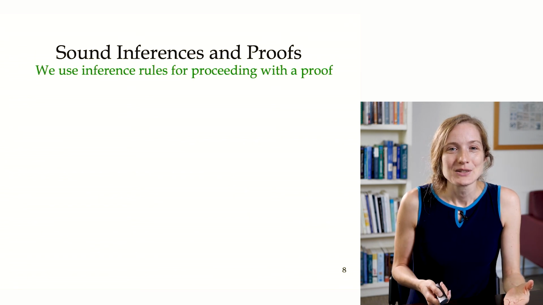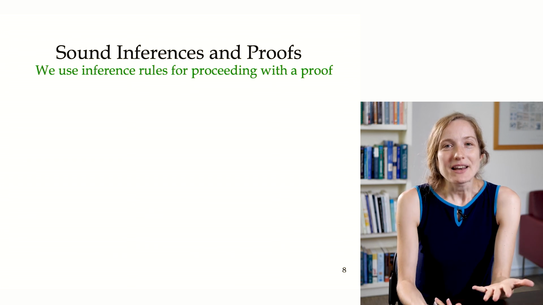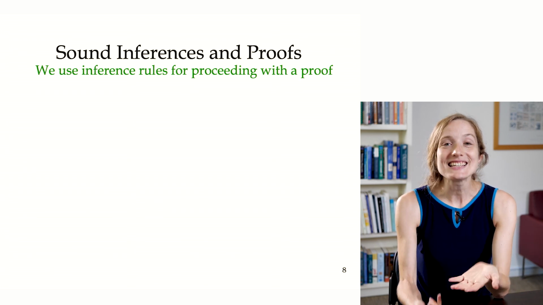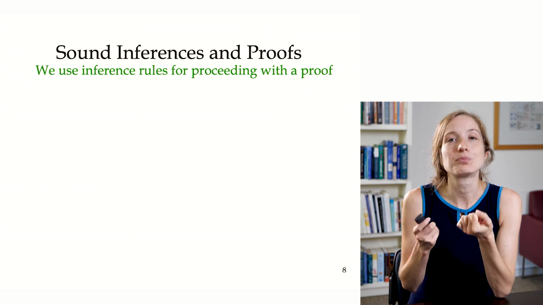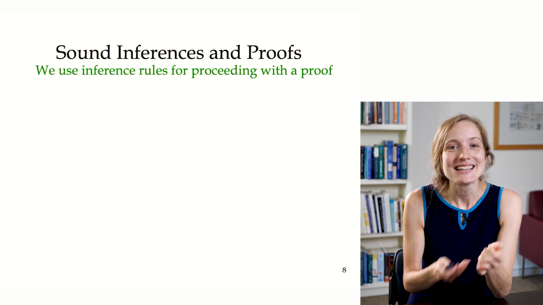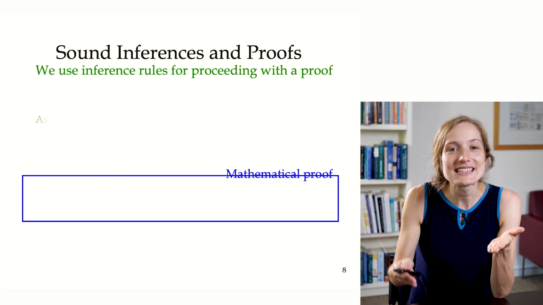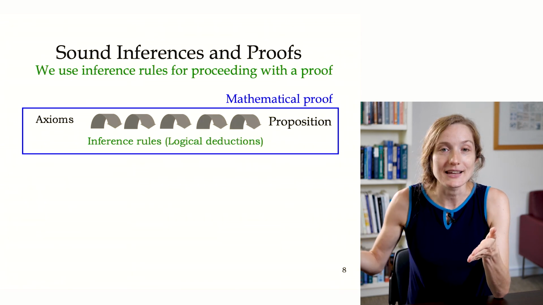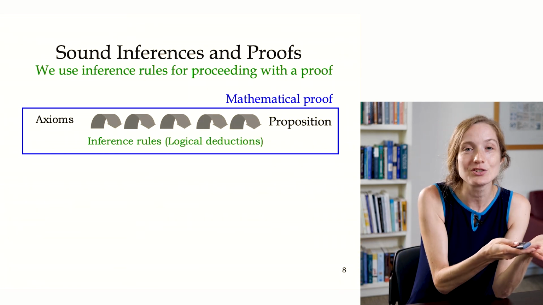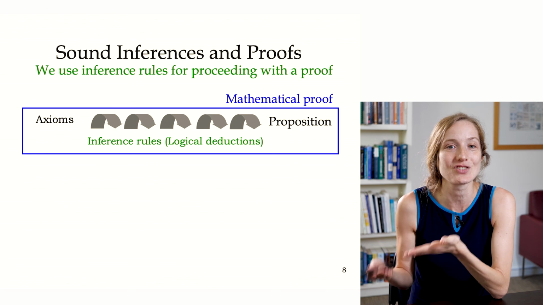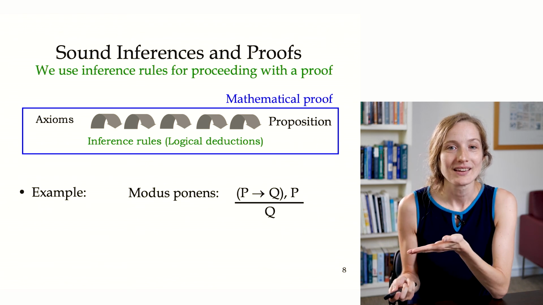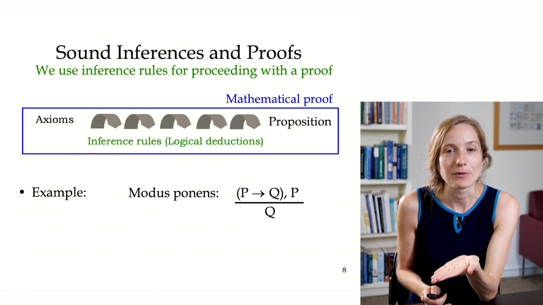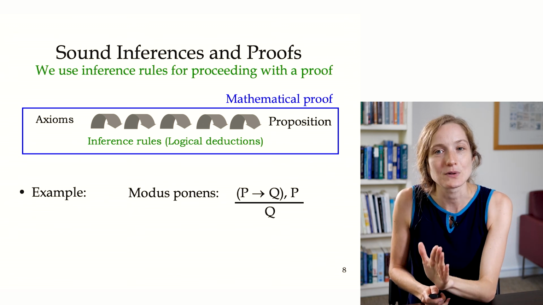So what is the benefit, the usage of these inference rules? In some sense, this is exactly at the core of mathematical proofs. These are exactly the steps of logical deduction that allow you to proceed in a proof from the axioms that you're starting from to the proposition that you're trying to prove. For example, this modus ponens that we saw before is a sound inference rule.